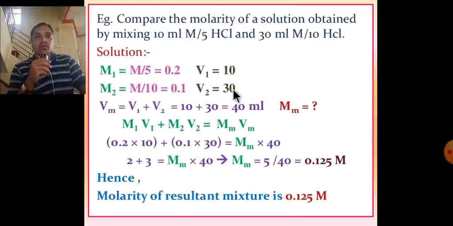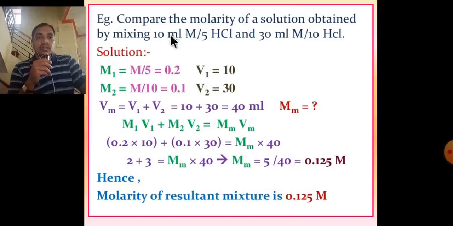As an example of mixed solutions: calculate the molarity of a solution obtained by mixing 10 ml of M/5, that is 0.2 M HCl, and 30 ml of 0.1, that is M/10 HCl. Solution: m1 is 0.2, that is 1/5, a 0.2 molar solution.